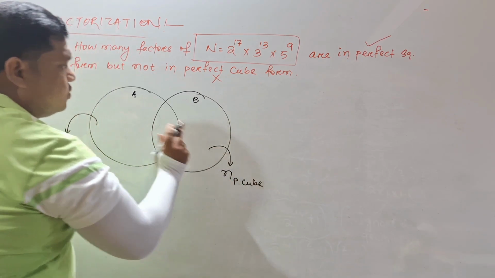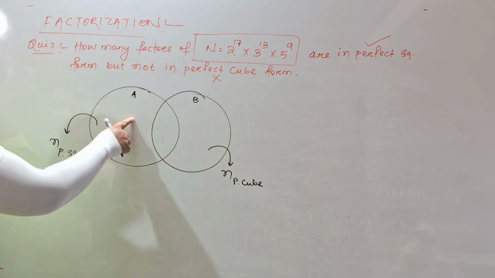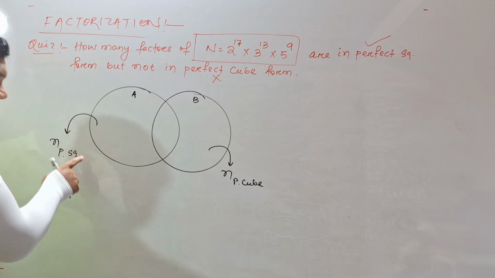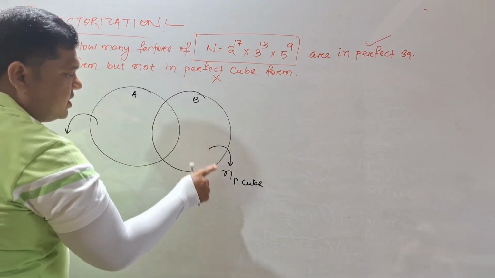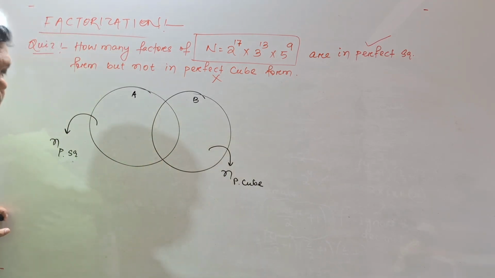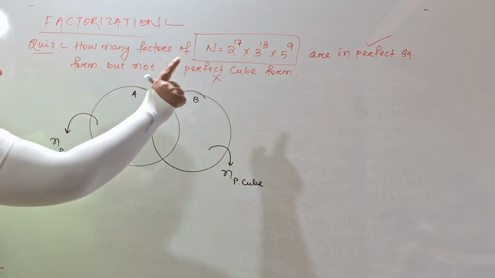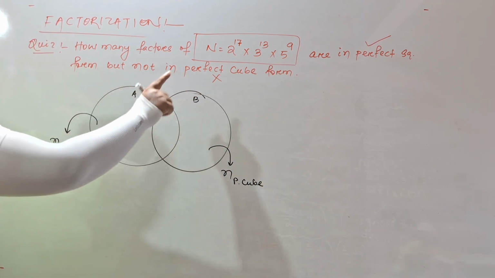Just consider these two sets, okay. Now the question is, how many of them are in perfect square form but not in perfect cube?